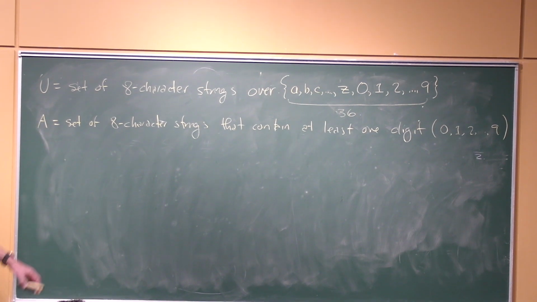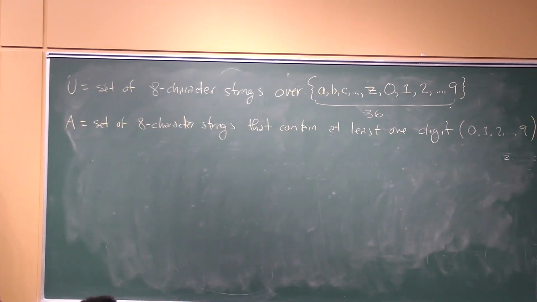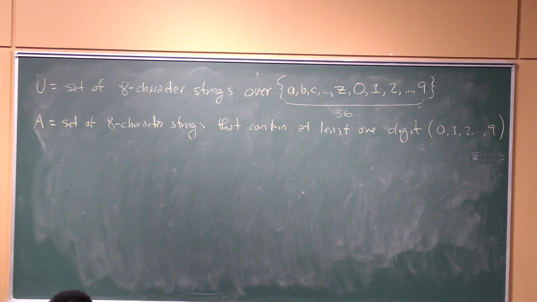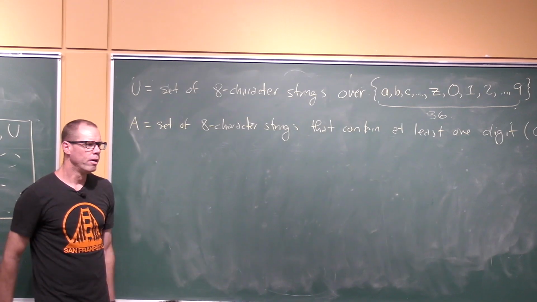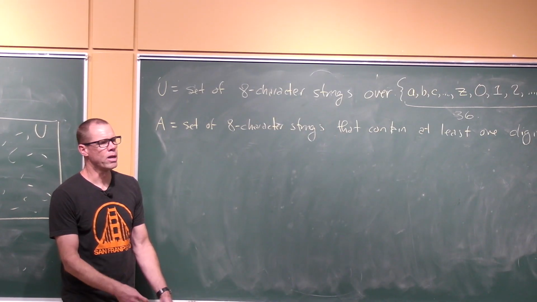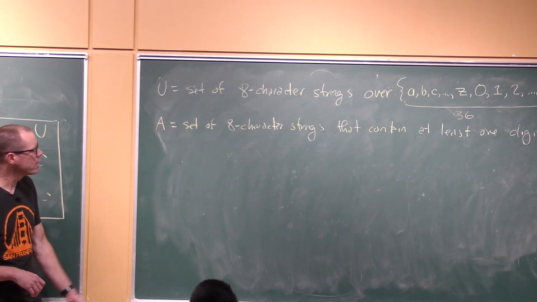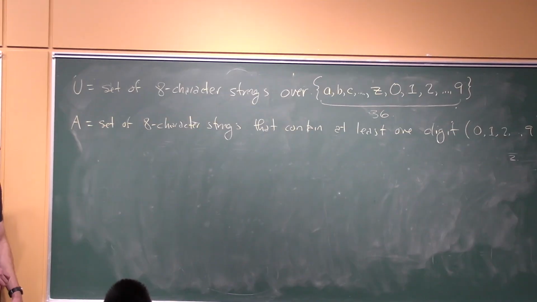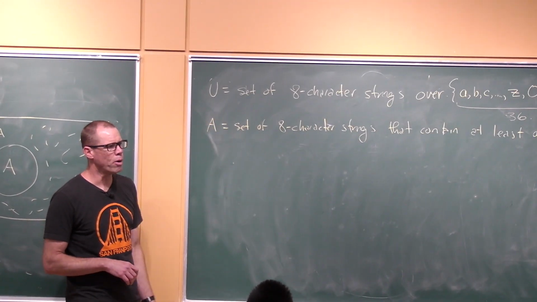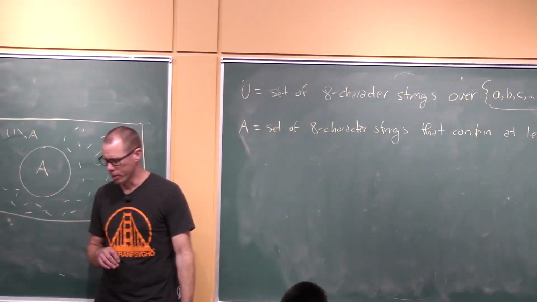So have you ever seen requirements like this before? Yep. Password? Yeah. Every time you go to sign up for some new site, it asks you for a password. It tells you it must be at least this long, must be at least that long. You try your favorite password, and then it says, no, you have to have at least one digit, or at least one special character or something. So this is a sort of baby model of what might be a password or even a username system. Who knows?